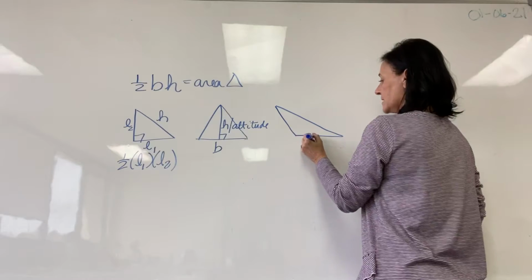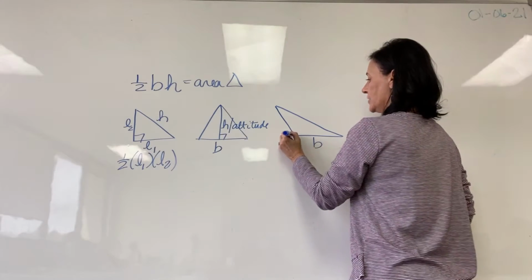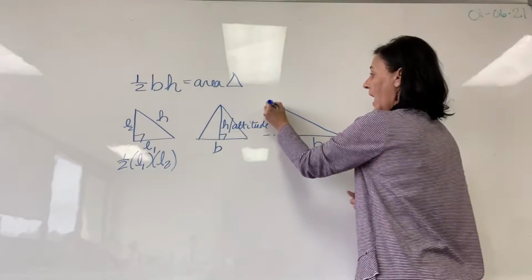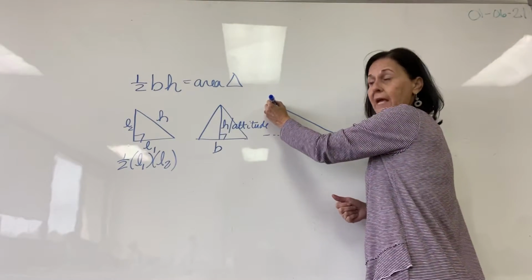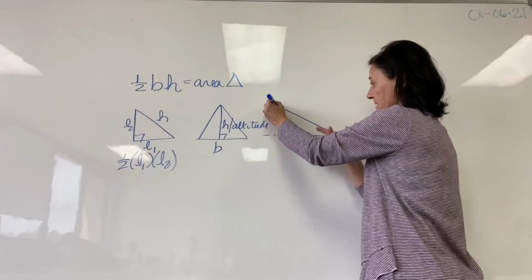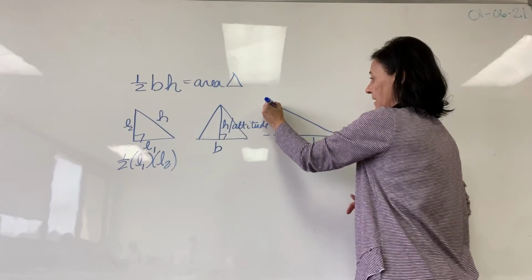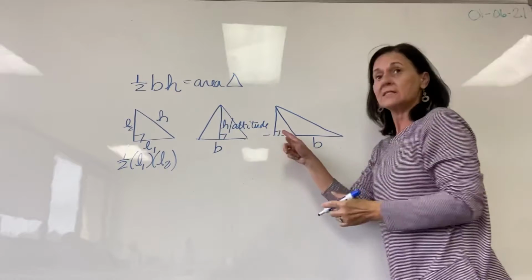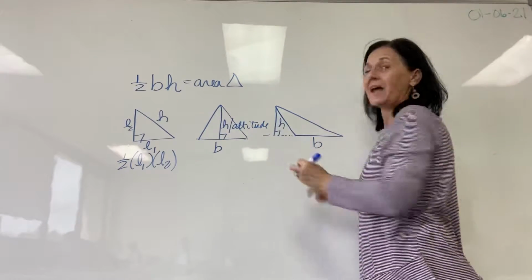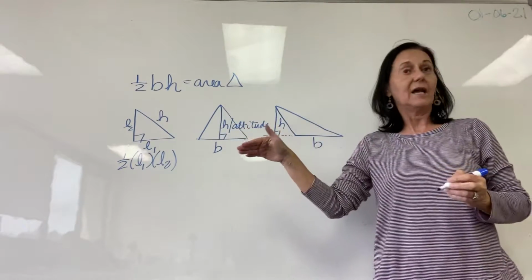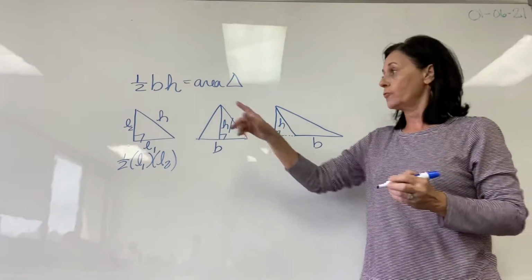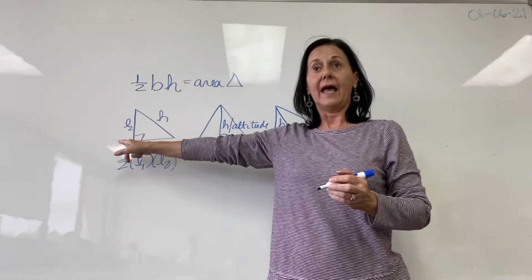So if this is my base, there's this imaginary line that continues, and my height goes from the vertex opposite the base. This is still the vertex opposite the base, but it goes perpendicular to the base such that the height lies outside of the triangle when it is obtuse. So right, the height lies on the leg.